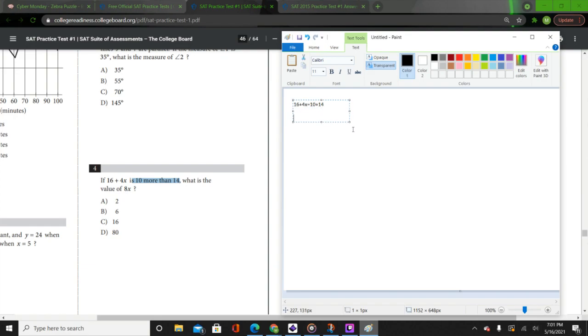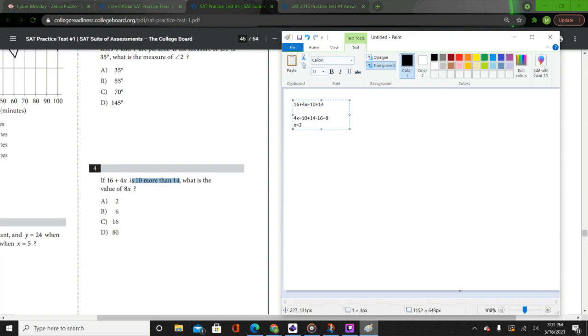So we will rewrite this as 4x is equal to 10 plus 14 minus 16, which should be 8, right? Exactly 8. Yep. So x is equal to 2.